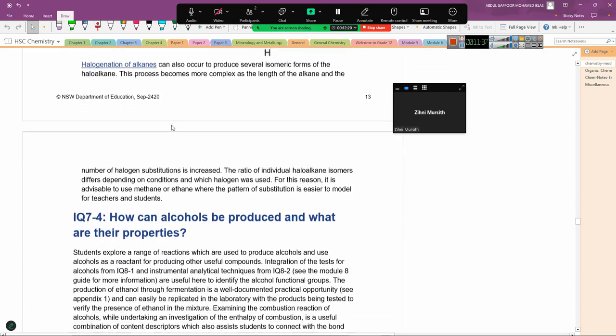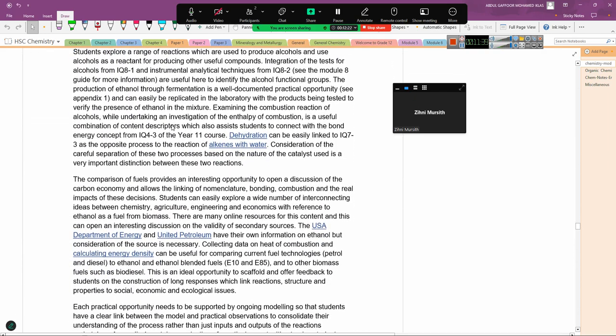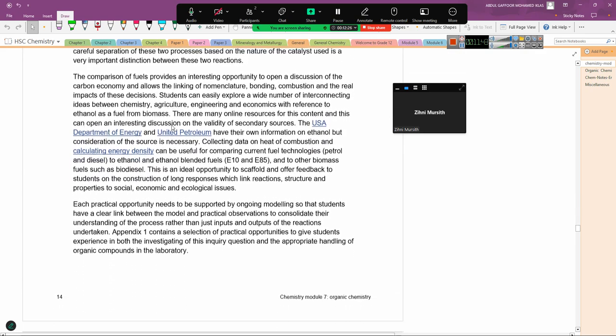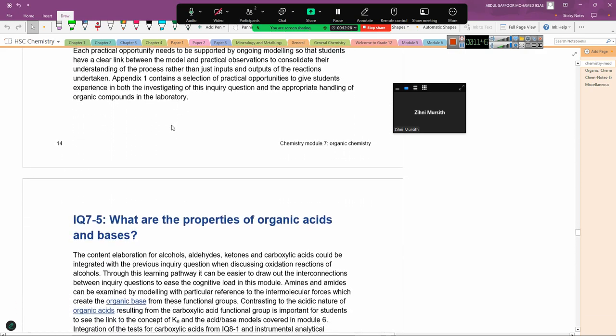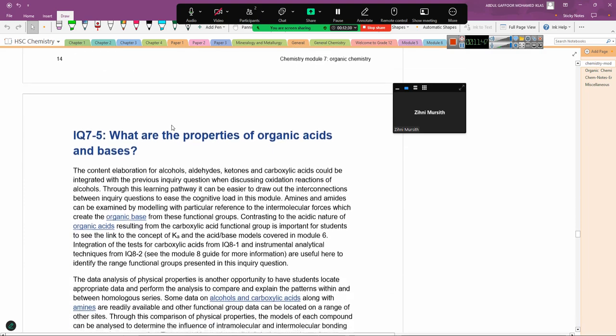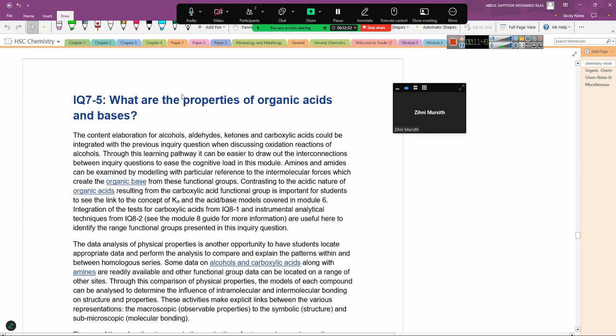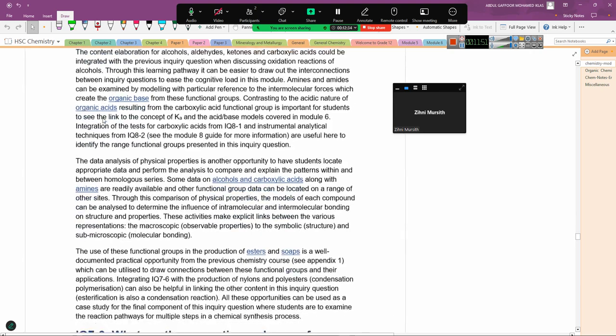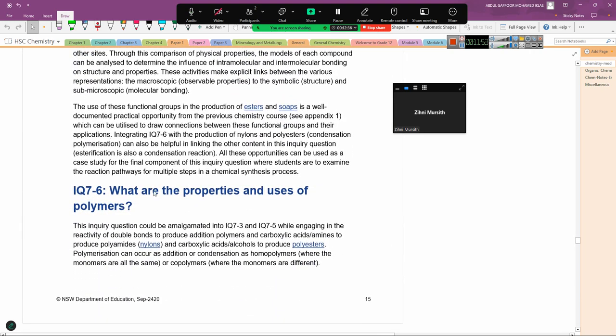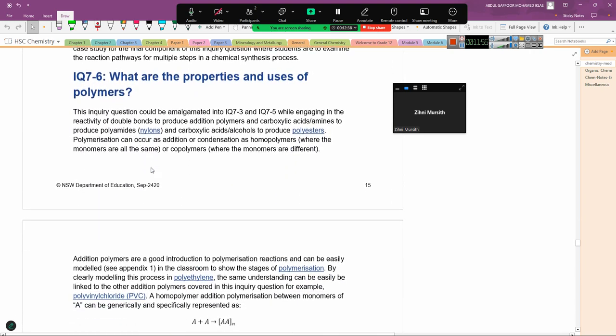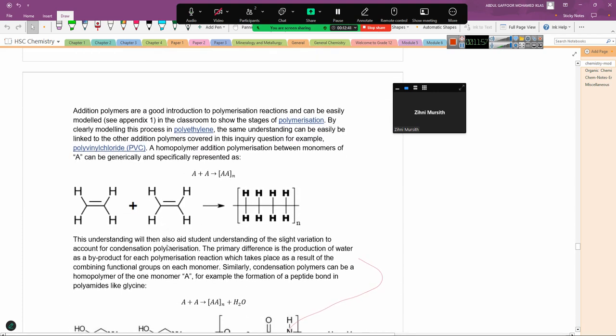And then finally, we have to perform some conversions also, right? We have to synthesize organic compounds. And then we have to study the properties of organic acids and bases. What are the properties and uses of polymers? Polymers also we can study, but we can even study this under industrial chemistry, the final topic.